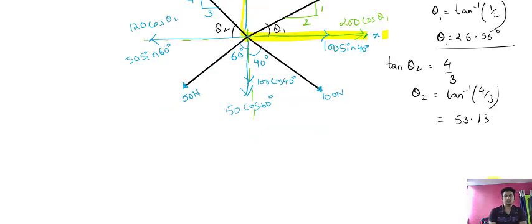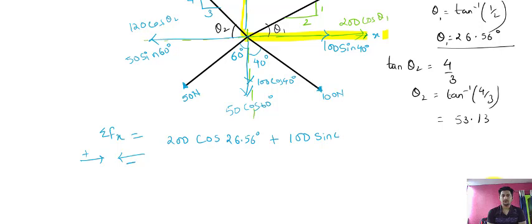After resolving the components, you have to calculate the summation of Fx and the summation of Fy. Suppose you take these forces' direction as positive and these as negative. The forces acting in the positive direction are 200 cos theta 1, where theta 1 is 26.56 degree, plus 100 sine 40 degree.